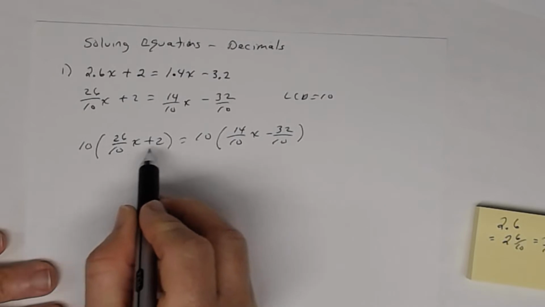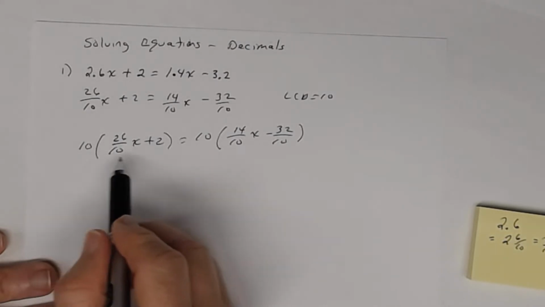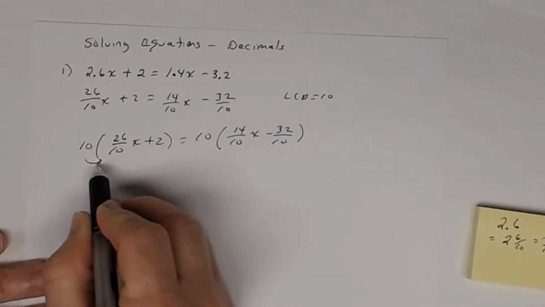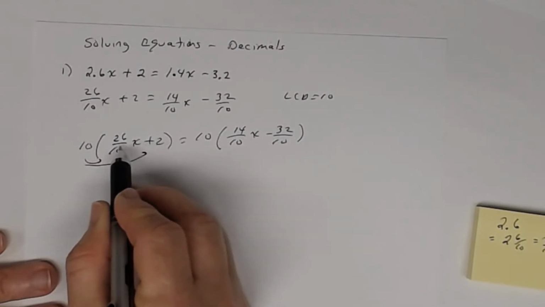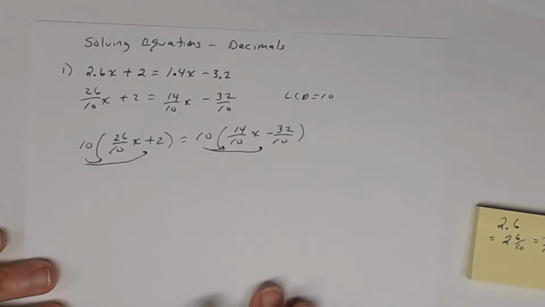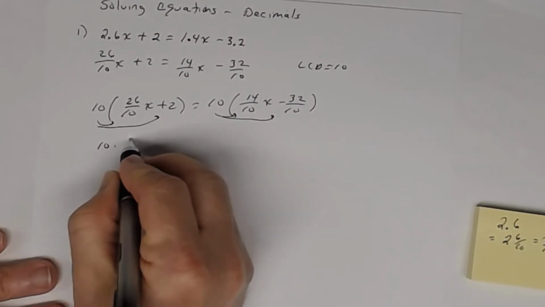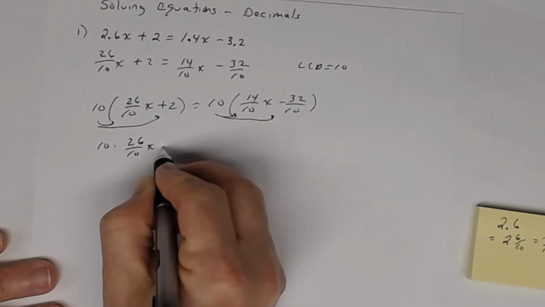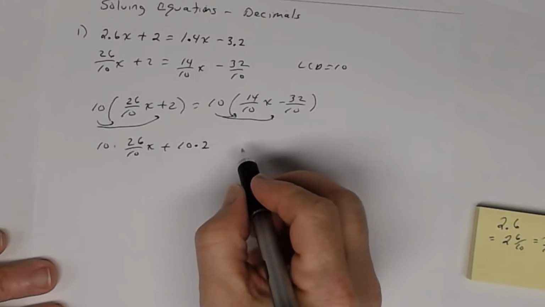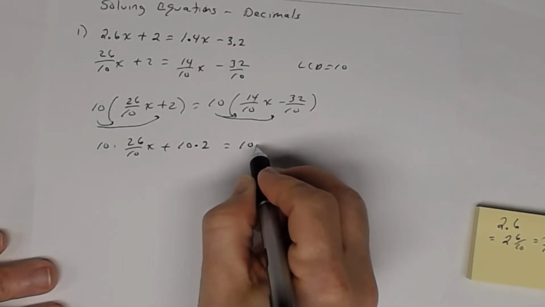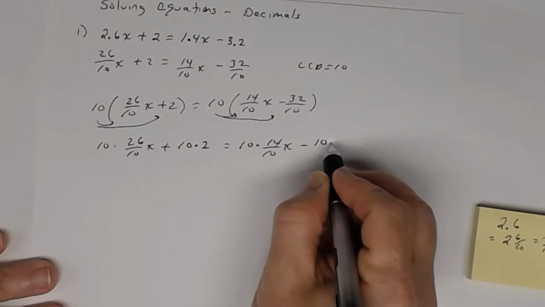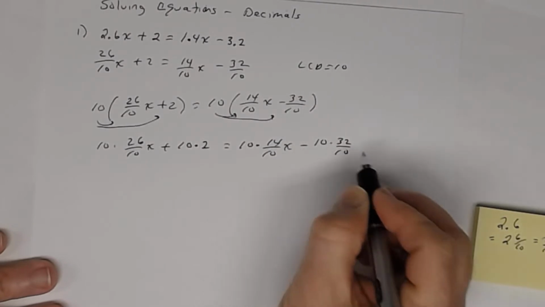So at this point, to get rid of those parentheses, I'm going to have to use the distributive property. So I'm going to multiply both of those terms inside this parentheses by 10, and the same thing here. So I get 10 times 26/10 x plus 10 times 2, so that's multiplication right here, equal 10 times 14/10 x minus 10 times 32/10.